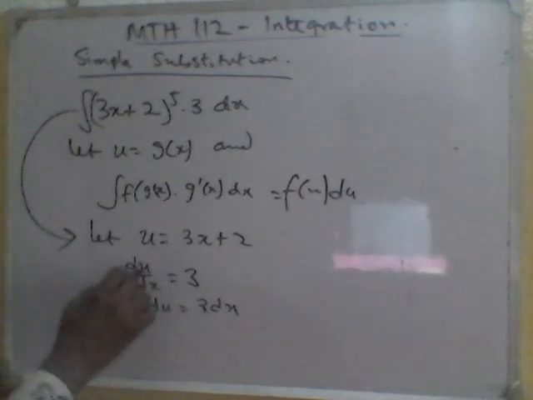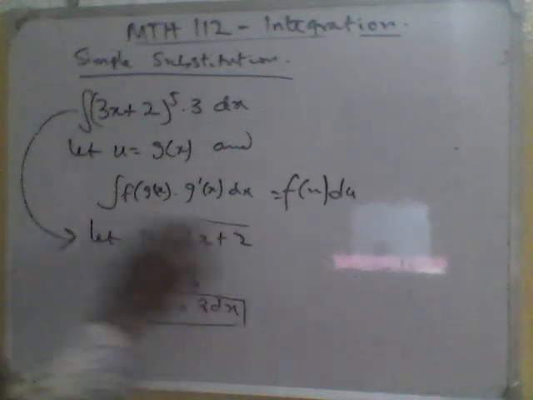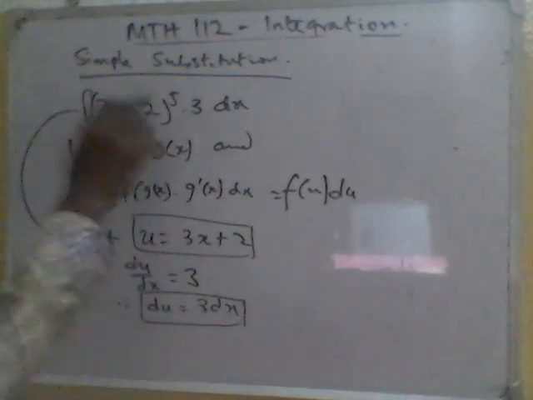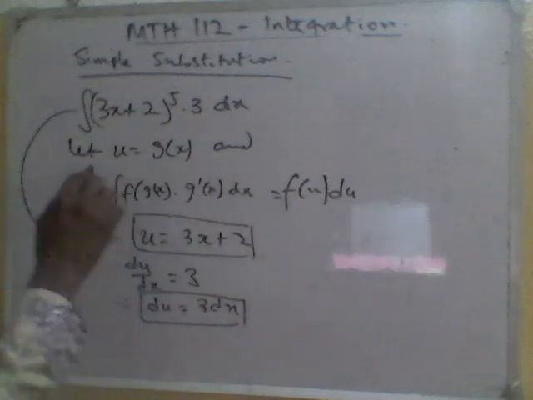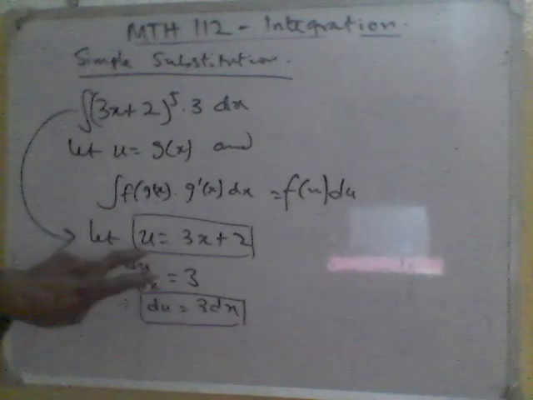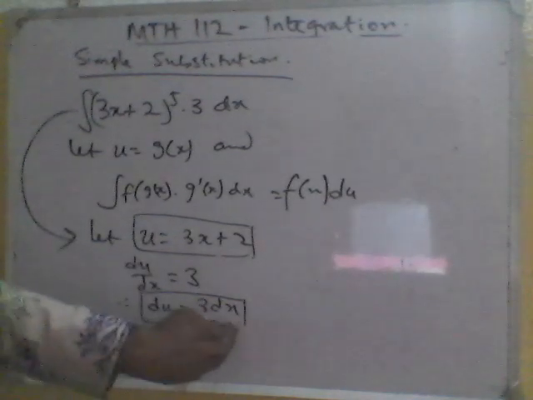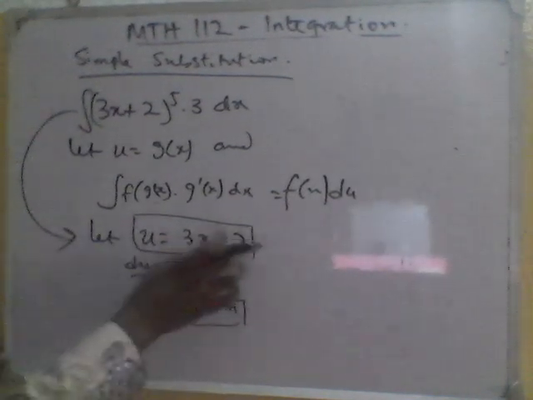That is if I make du the subject of the formula. So this one now, I can replace it with this one. This rule can work because this function here is the derivative of this function.